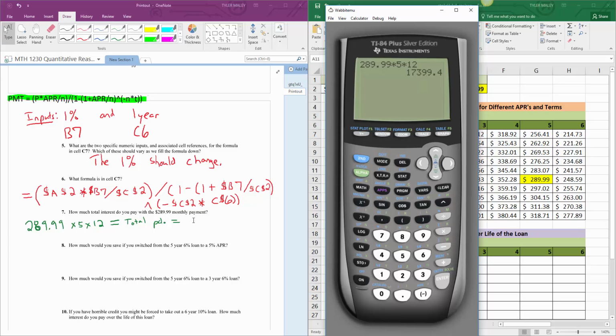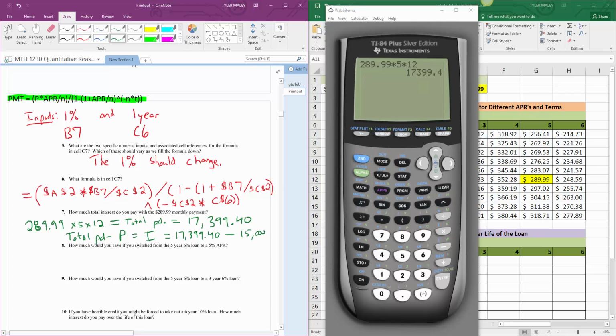So then now though, what we want to do is we're asked the interest only. So let me write this amount down. So we had $17,399.40, but I want to know the interest. So if I take the total paid minus my principal, this is going to give me my interest. So in this case, I'd want to take the $17,399.40 and subtract off the $15,000.